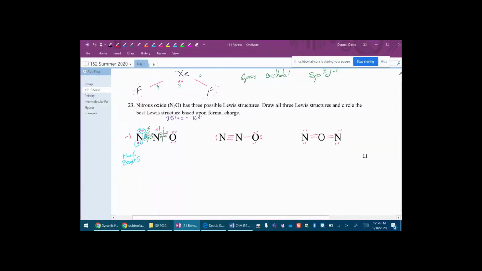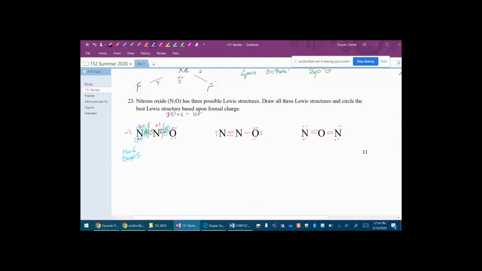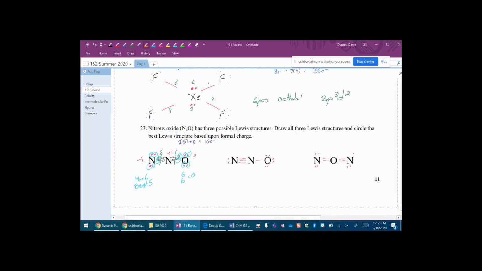Oxygen has 1, 2, 3, 4, 5, 6. Has 6, brought 6. It's 0. So that's pretty minimal, because we want to minimize formal charge, right? Let's look at the central one. 1, 2, 3, 4, 5.